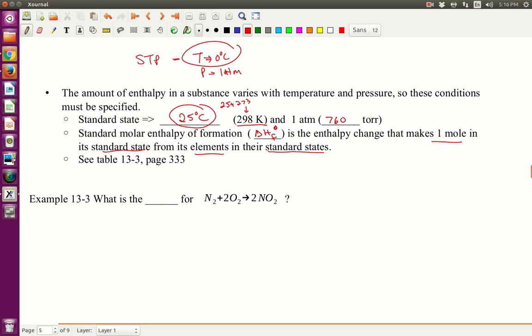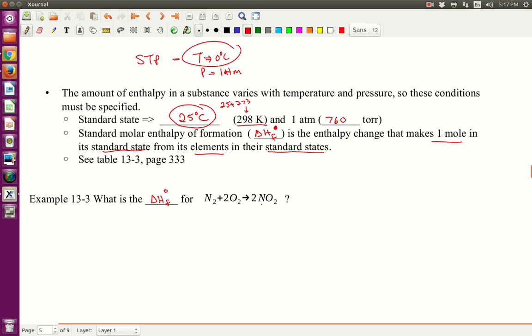So the little degree symbol stands for the standard state. Okay? All right. So now we're going to do example 13.3. And this is actually on page 333 of this version of the textbook. And it says, what is the delta H f, the standard molar enthalpy of formation for this reaction?